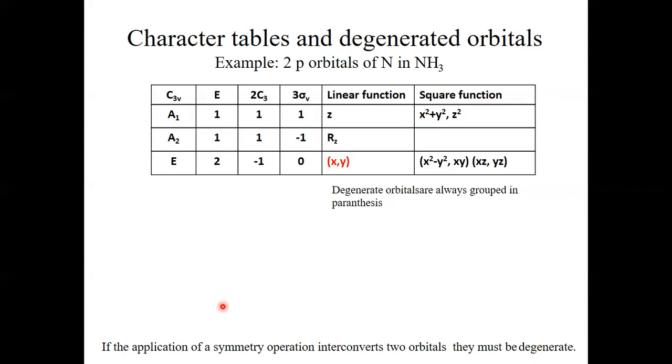So for instance, in the point group C3v, x and y are degenerate. That directly tells us that the 2px and the 2py orbital in the ammonia molecule are degenerate. So now let us see if we could also find that out by inspection.